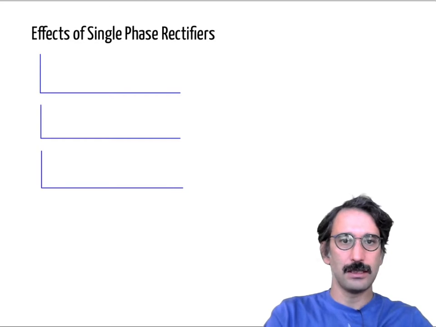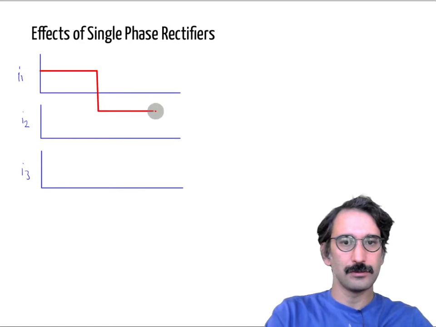So let's say this is I1, this is I2, this is I3, right? And let me try to draw it nicely. So let's say you have a square wave like that, right?